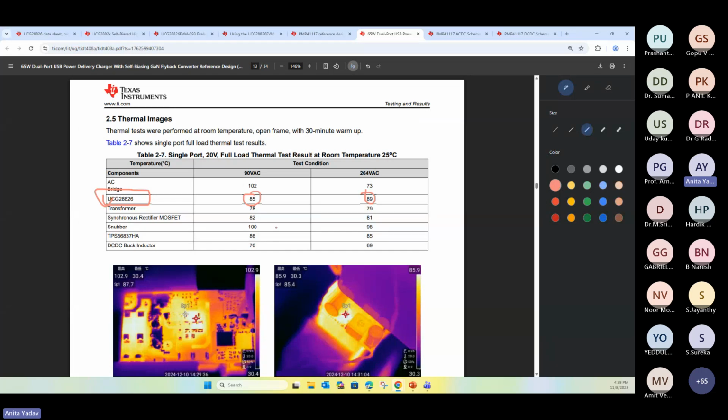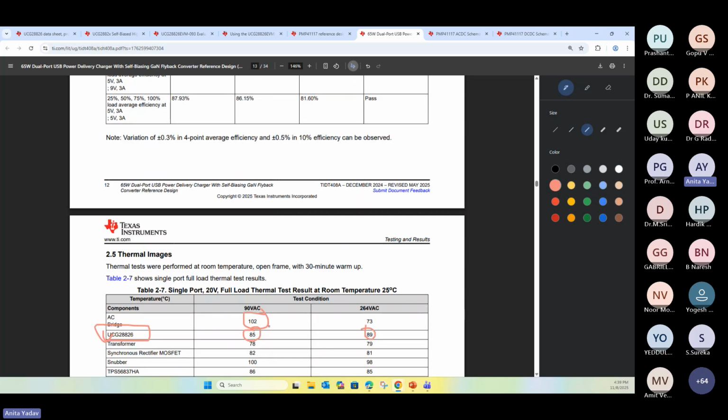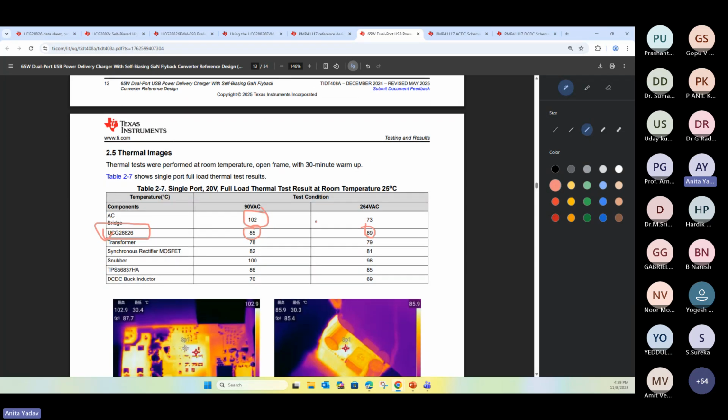And apart from that, you can see that the AC bridge rectifier goes to the highest temperature. Generally the solution to this kind of thing is to use two bridge rectifiers in parallel, such that you can divide the current and hence bring the temperature on this bridge rectifier down.